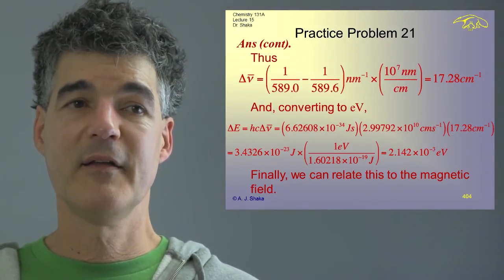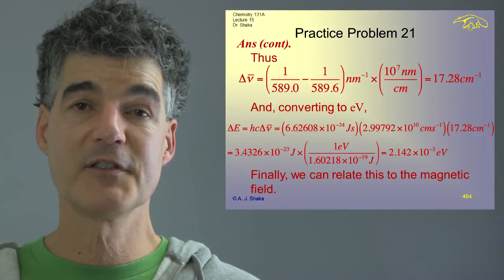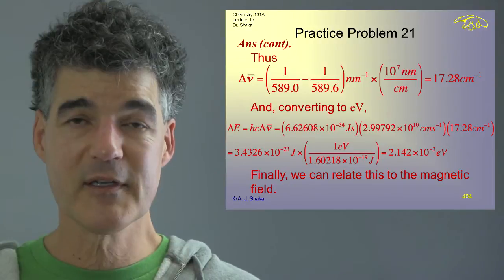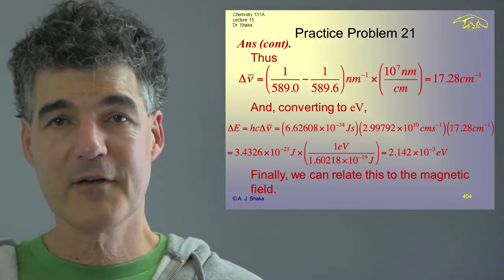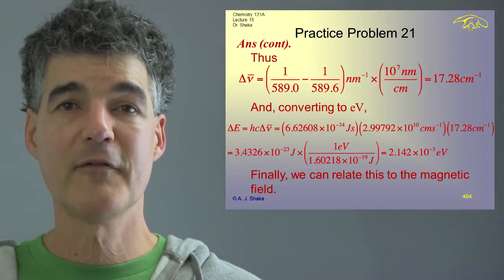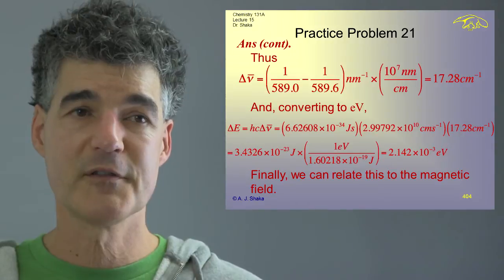And to be careful, if you're doing an exam, you may want to convert from nanometers to meters and meters to centimeters. It seems easy, but it's easy to get a factor of 10,000 off if you go too quickly and happen to go the wrong way with one of the conversions.